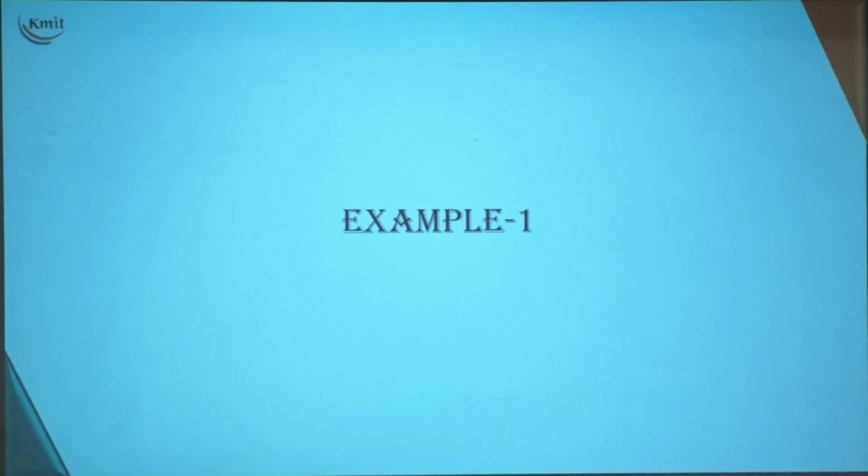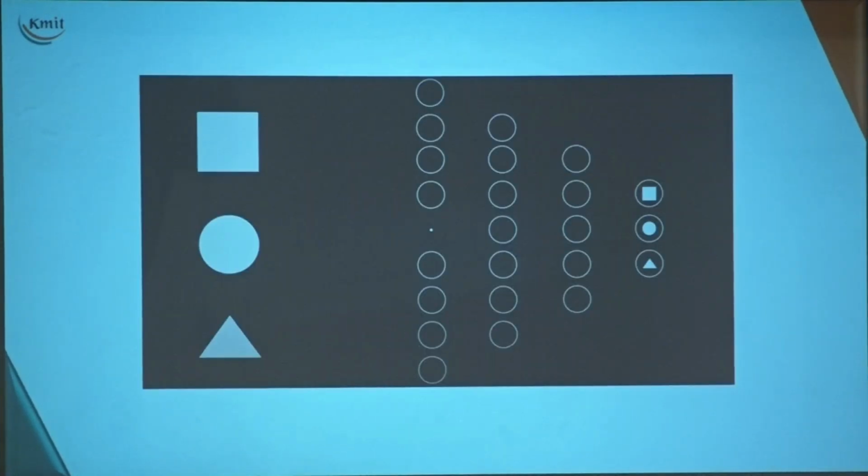Now let's see some examples on how ANN works. What do you see here? The input is 3 images. What are those 3 images? One square, one circle, one triangle.